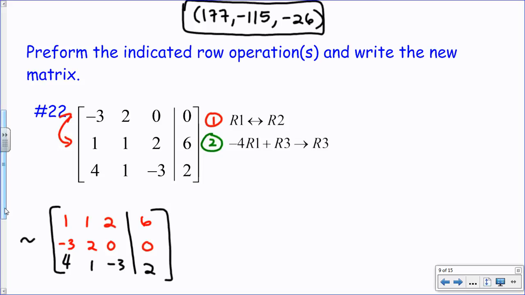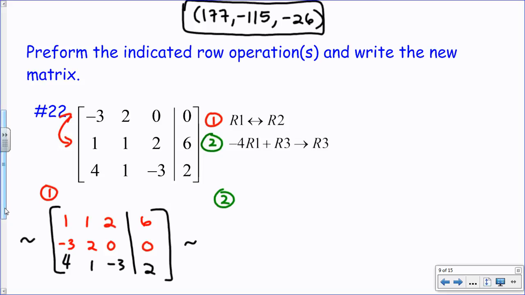Okay. Then from here, I'm going to do the next step. So this was step 1, and now I'm going to do step 2. What this says is to do -4 times row 1, add it to row 3, and that's going to replace row 3.